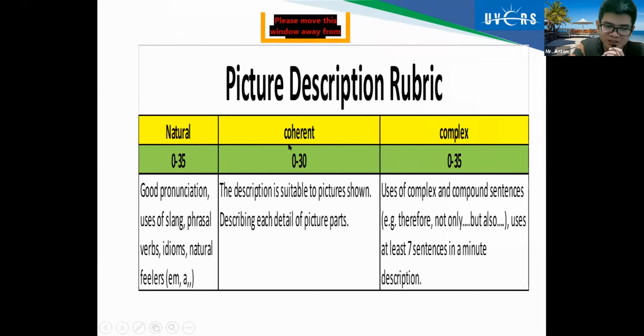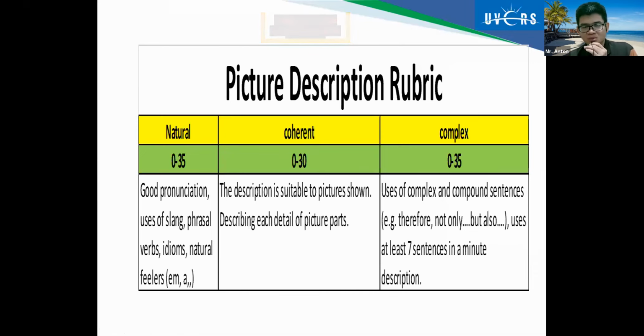Then for coherence, what you describe should be suitable to the picture shown. If I say the picture shows work from home, but you speak about the pandemic, you are able to introduce working from home with the pandemic, but don't dwell on the pandemic too long.